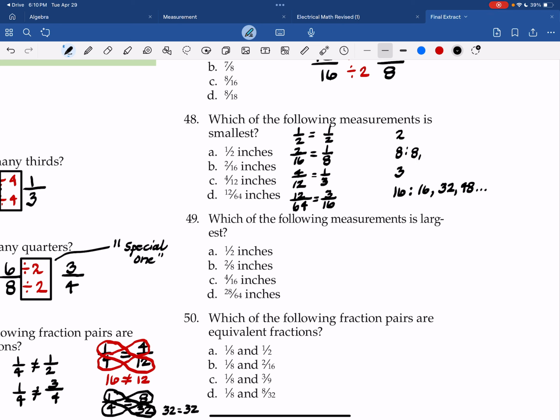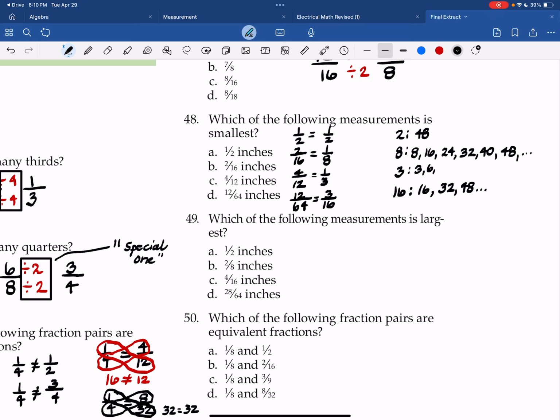So we have 8, 16, 24, 32, 40, and 48. So I'm going to stop that line. I know 2 will work with 48 because 48 is an even number. So the question is, will 3 work with 48? And it will. Without listing all the factors, let me just do it.